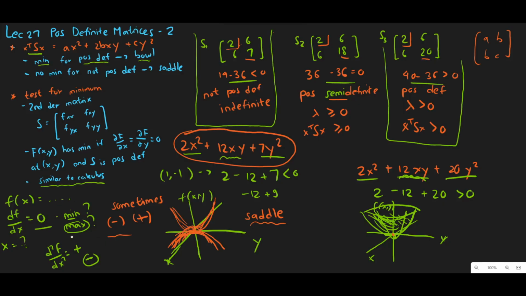Because if you remember, we have this function, x squared, with a positive second derivative, because our gradient is slowly increasing, right?